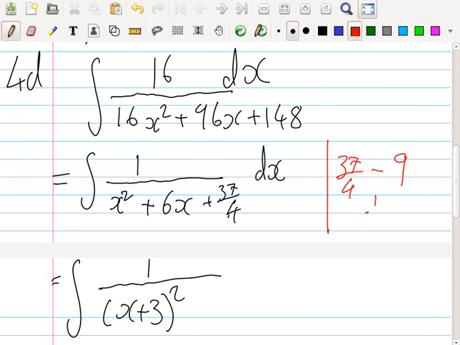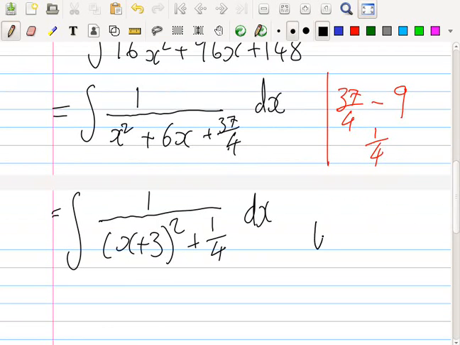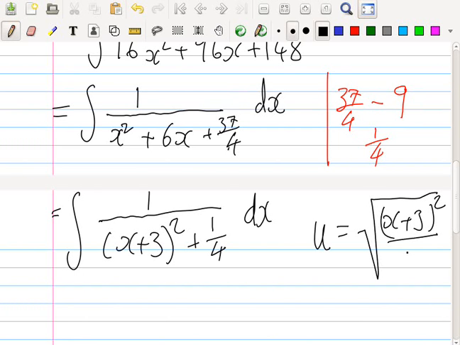Exactly 1 over 4? Okay, so now we have this. Now, who remembers the trick for the substitution here? You say u equals, the trick is square root x plus 3 squared over 1 over 4, which will equal 2x plus 3, which is 2x plus 6.